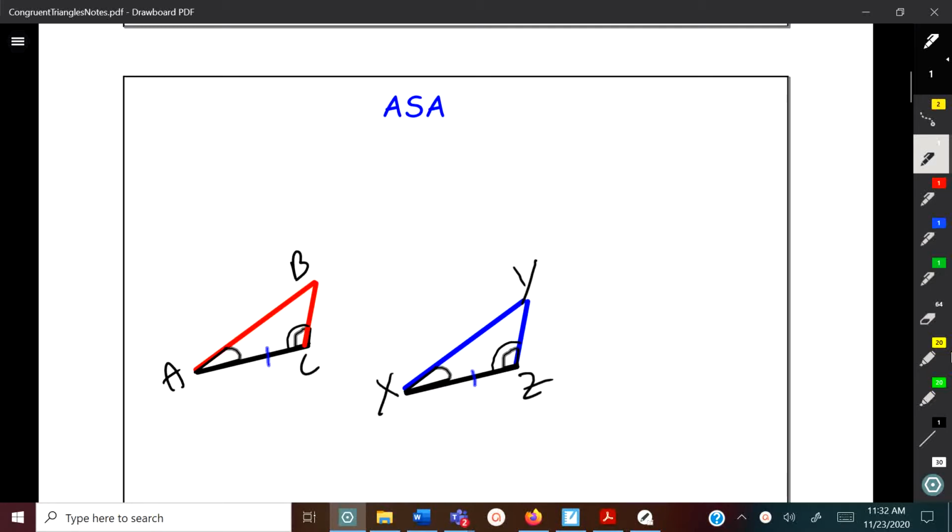What we're saying here is that if you have an angle, side, and angle, and that side is included in between the two corresponding angles, then you have angle, side, angle. That's enough to prove that the whole triangle and all its corresponding parts are congruent. Alright, let's look at another one.